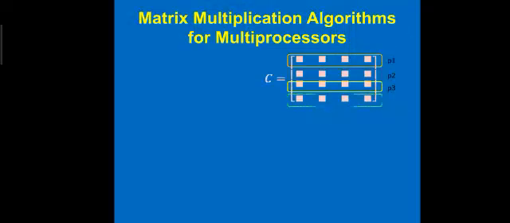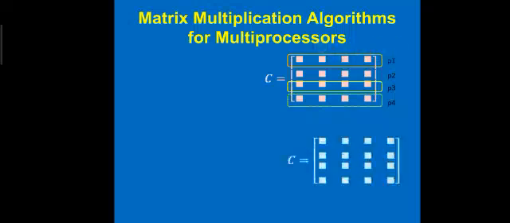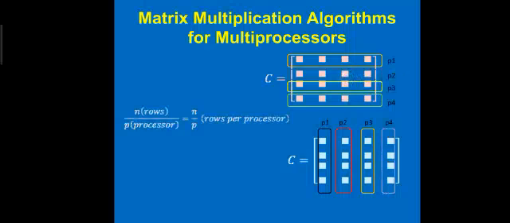The matrix C, consisting of the processors arranged in the row-oriented way, and the matrix C with processors arranged in the column-oriented way, can be represented by n rows by p processors, equal to n/p, that is the number of rows per processor, and m columns by p processors, which is m/p columns per processor.